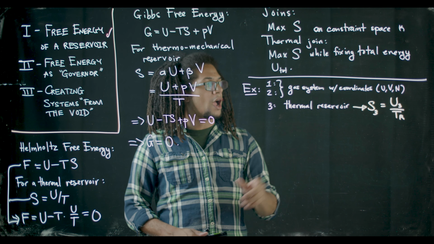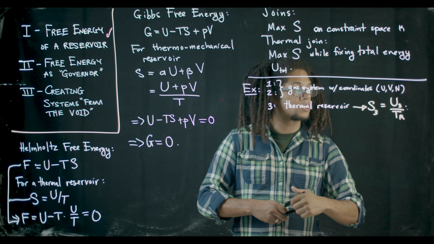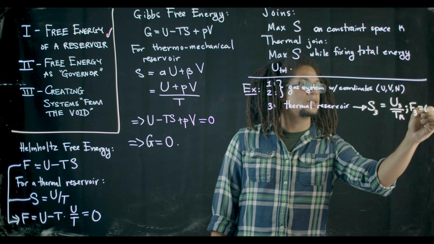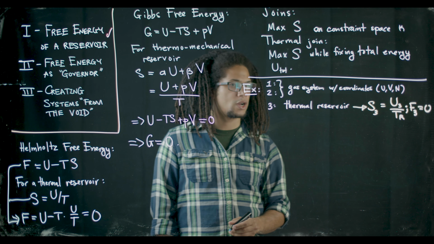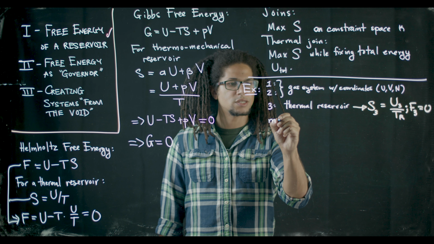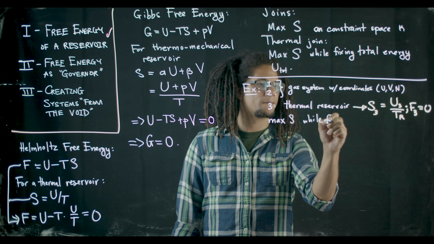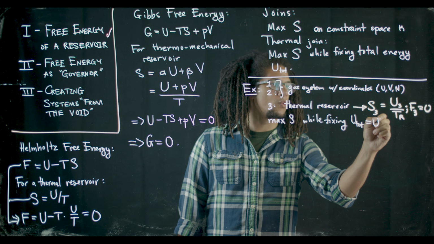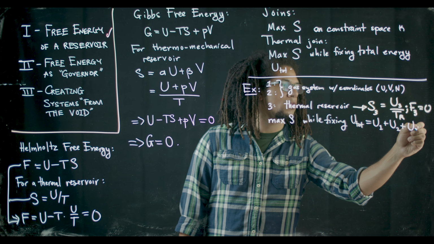Okay, I also want to remember that F3 is equal to 0. That will be important in a moment. Okay, let's press on. We know that what we need to do is maximize S while fixing U total, which is equal to U1 plus U2 plus U3.